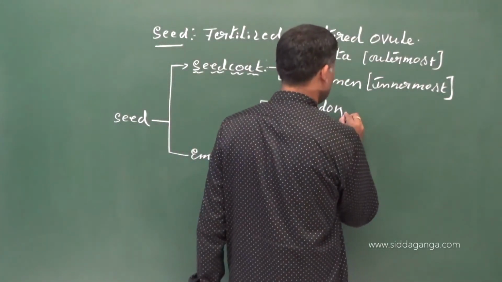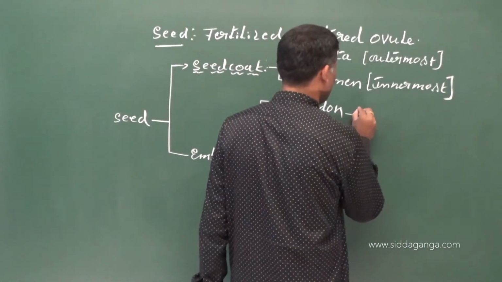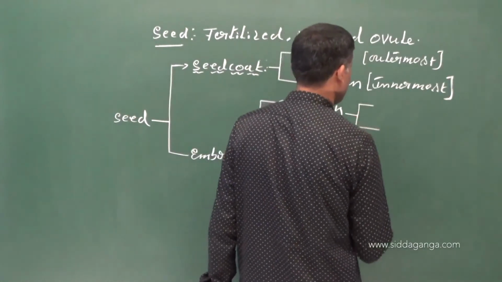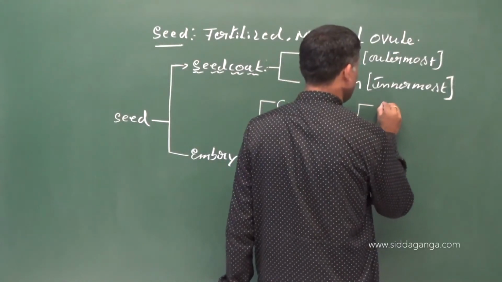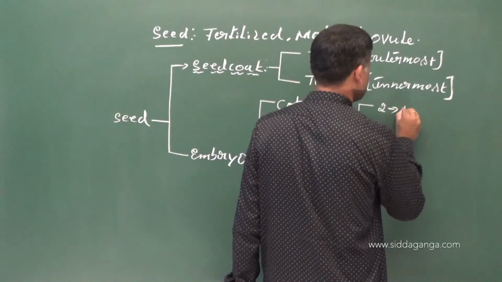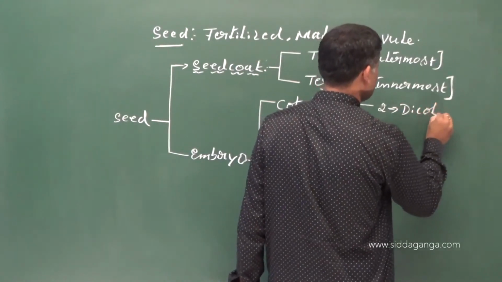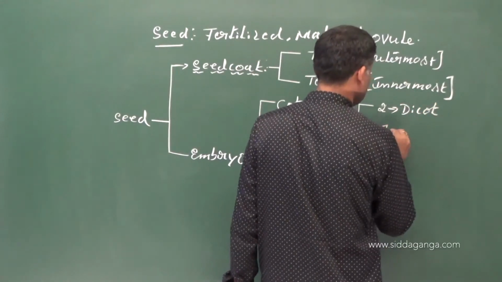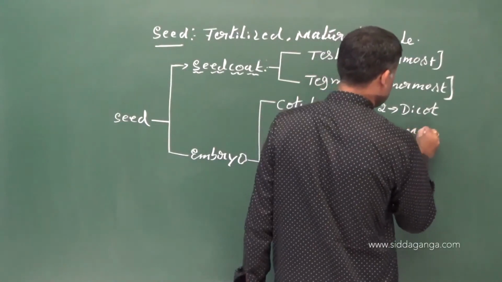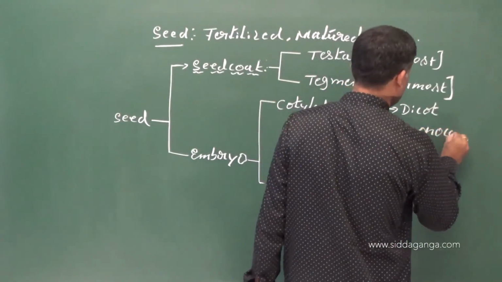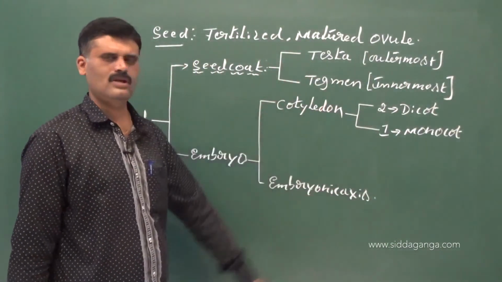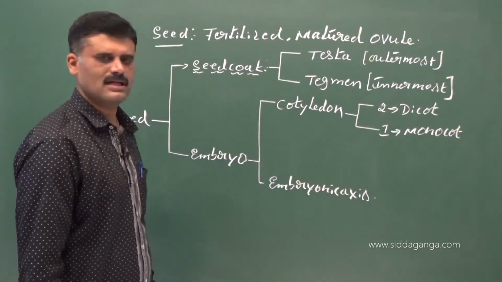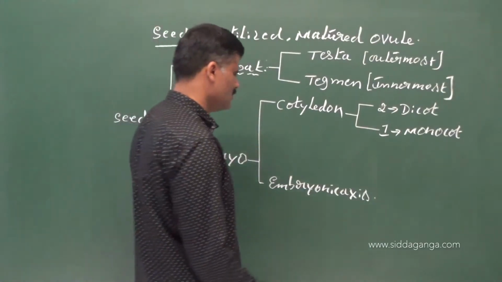Based on the number of cotyledons, if it is two, then it is called dicots. If it is single, then it is called monocots. Cotyledons in a seed, if there are two, then it is dicot. If one, then it is called monocot.